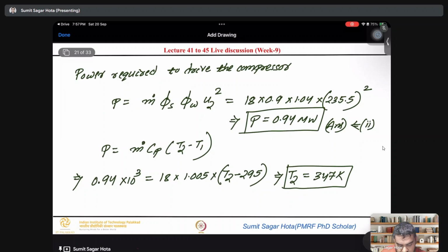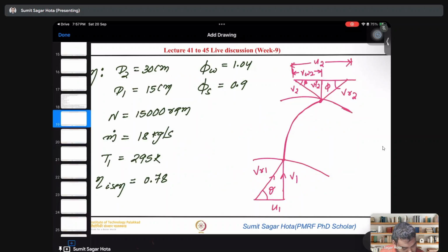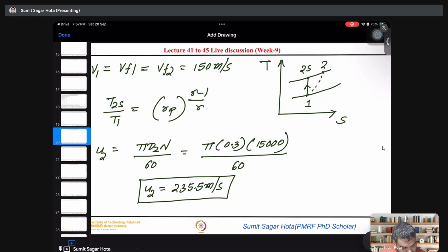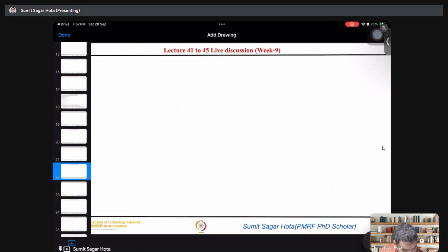So we have T2 value now. So we need to find out the value of T2s. That means the actual temperature T2 we already have, we just need to find out the isentropic temperature T2s.